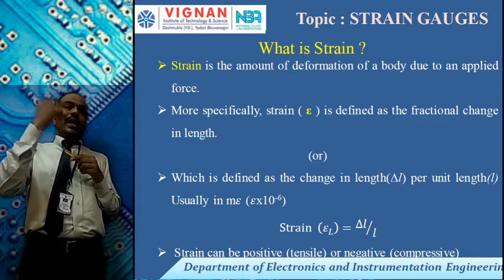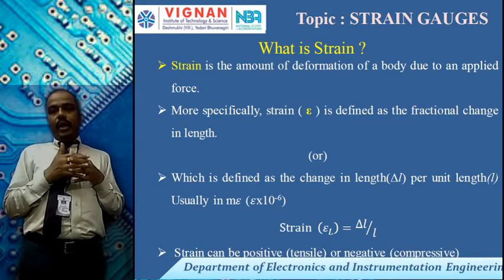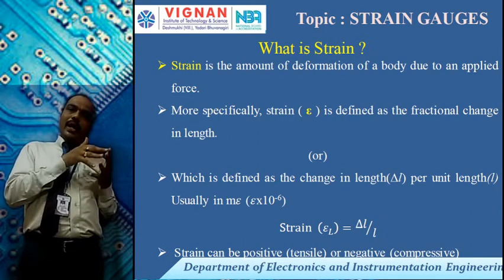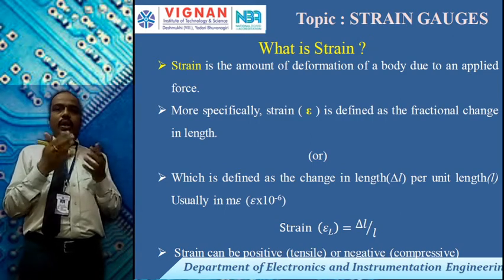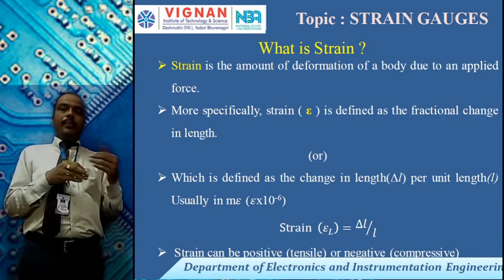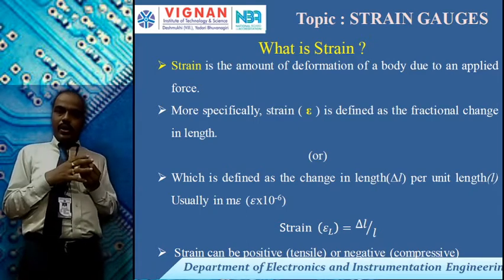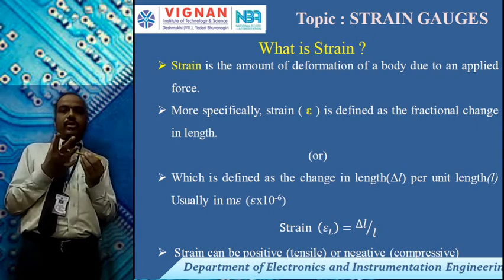That is called lateral strain, the change in diameter per unit diameter. Change in length per unit length is longitudinal strain. Most of the time we discuss longitudinal strain, though the strain gauge actually measures both strains.